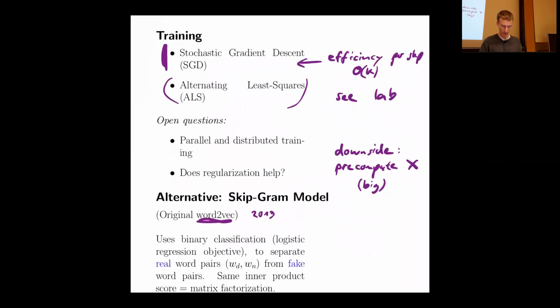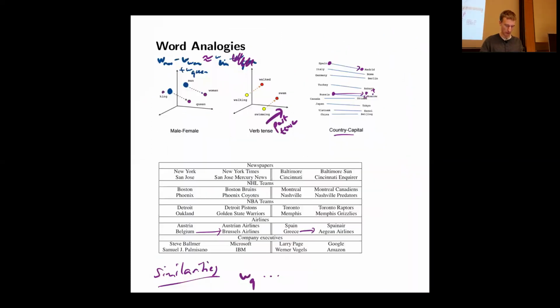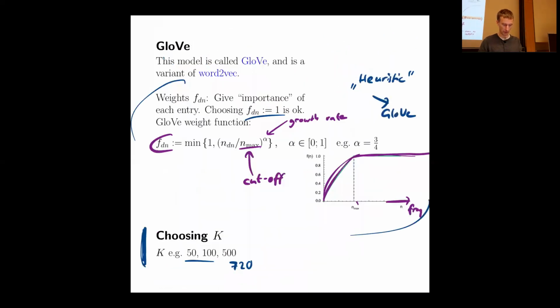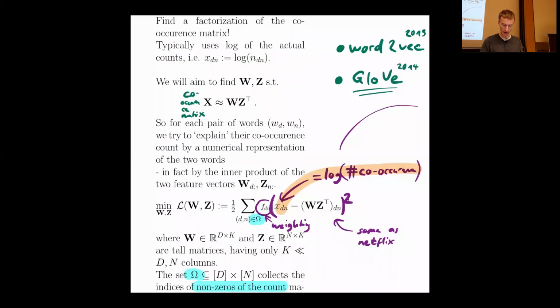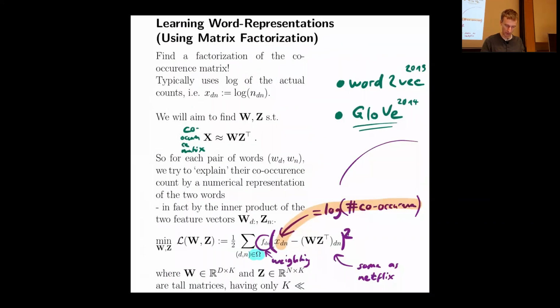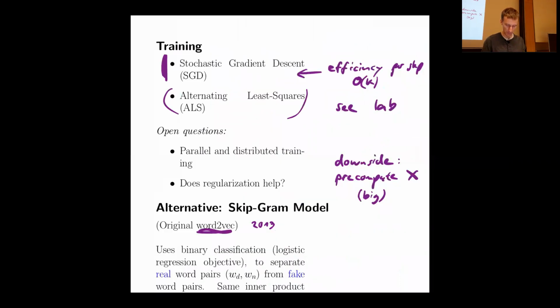So what's the difference between Word2Vec and GloVe, what we've seen here? This was GloVe, just find the matrix factorization. And now we want to ask about this one. The difference is mainly that we get rid of the downside of pre-processing this huge X matrix, which is vocabulary size squared, and while it's a sparse matrix, it is a big effort.